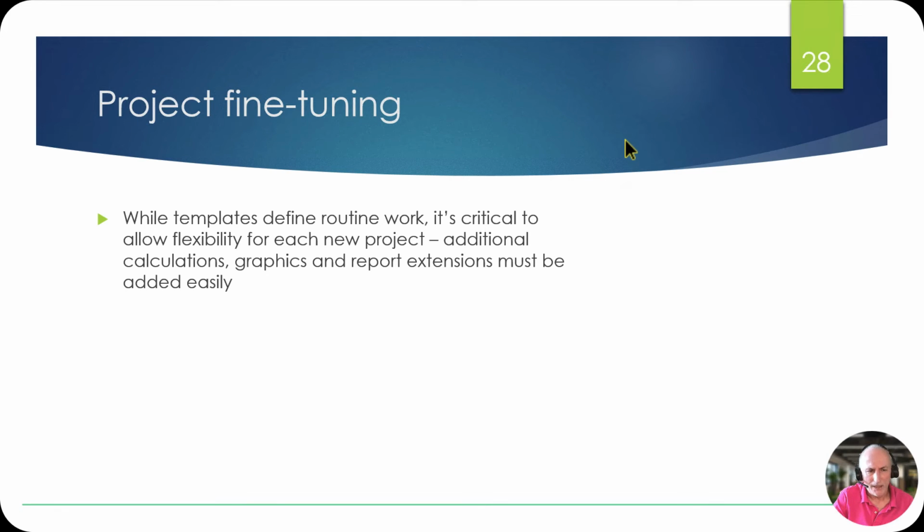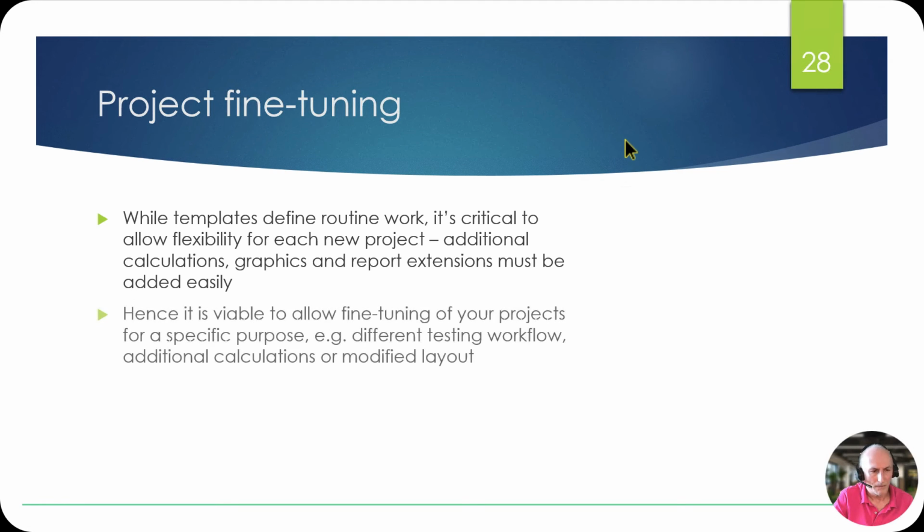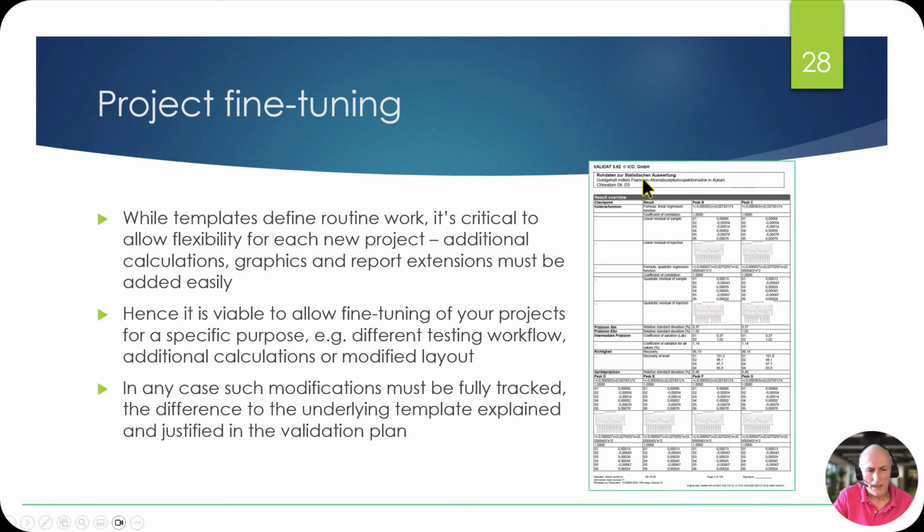Additional calculations, graphics, and report extensions must be added easily. Hence, it is viable to allow fine-tuning of your project for a specific purpose, for example, different testing workflow, additional calculations, or the modified layout. In any case, such modifications must be fully tracked, the difference to the underlying template explained, and justified in the validation plan.